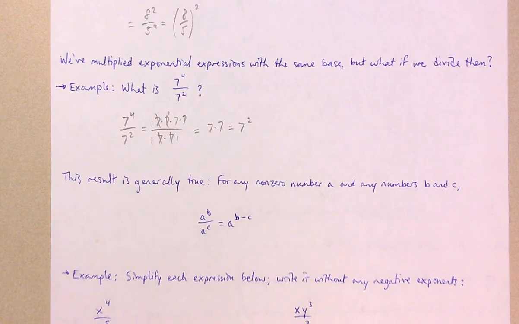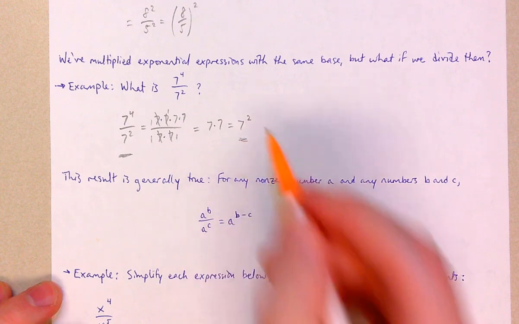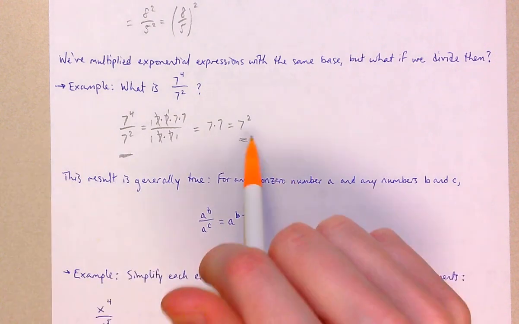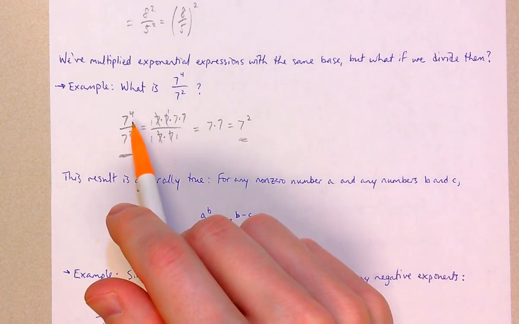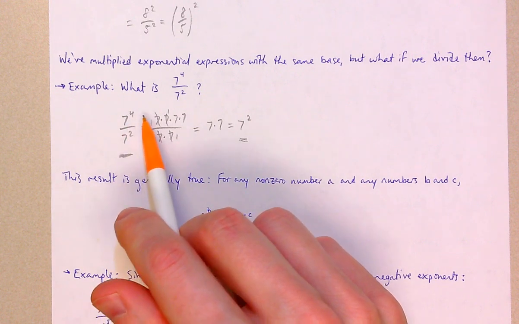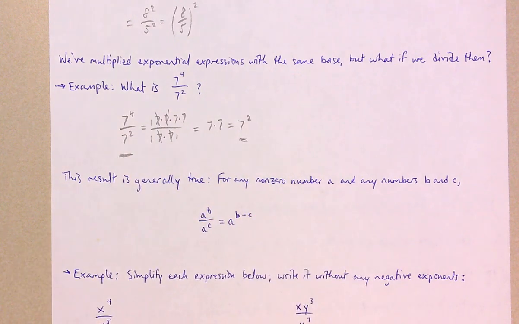So when comparing these two quantities that we know are equal, it seems like if you divide two exponential expressions where the bases are the same, you still have the same base, but your new power is simply the difference of the two powers: the power that you had on top minus the power that you had on the bottom.